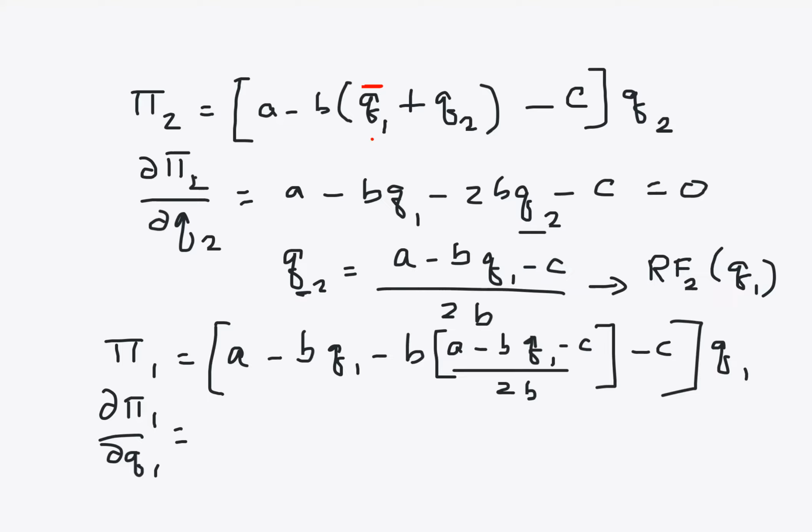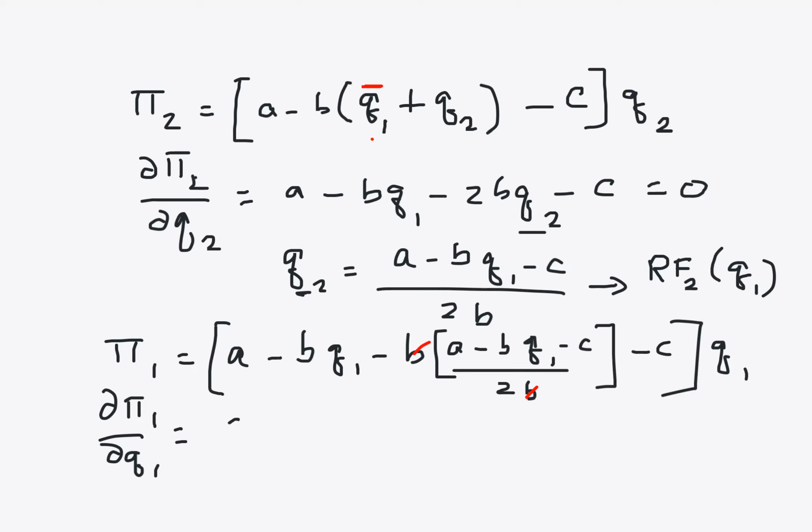So we'll get, so 2 times A, B cancels out. So I can just cancel out B here. Then 2 times A, so let's write it down. 2 times A times Q1.